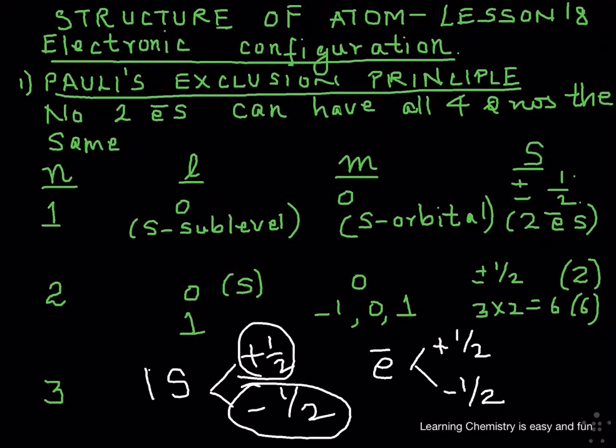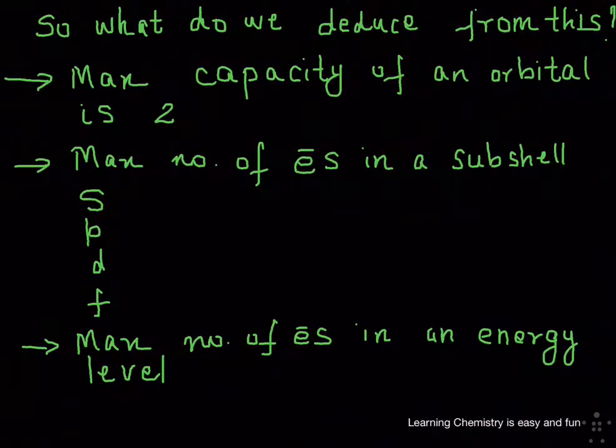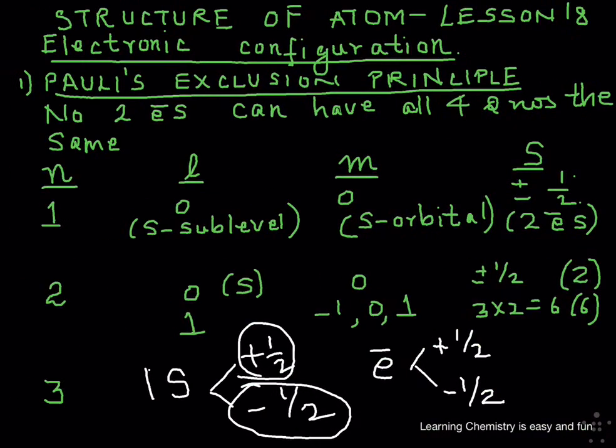So, what we deduce from this is that the maximum capacity of an orbital will be 2. You cannot have more than 2 electrons in any orbital.